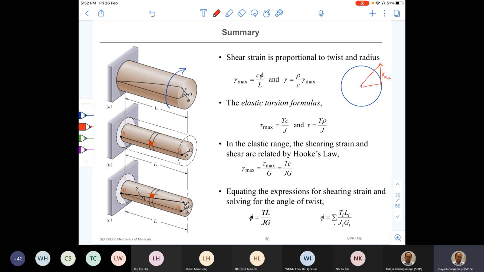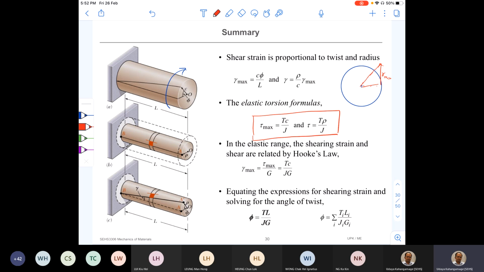And then using Hooke's law, we have derived the torsion formula. We call it the elastic torsion formula, which is a very important formula. Now we can find out the shear stress variation, and the maximum shear stress as well, in a member subjected to a twisting moment.